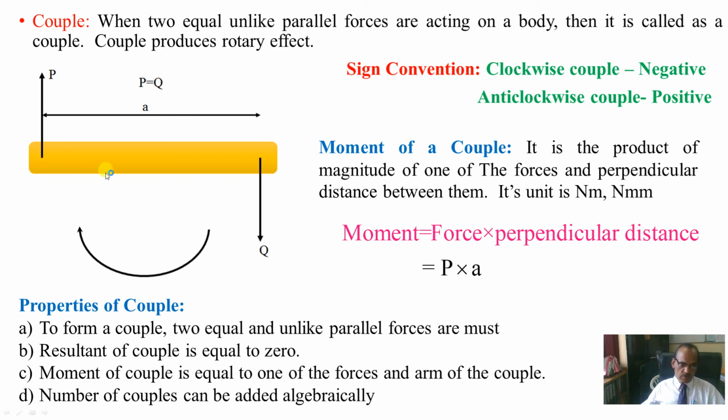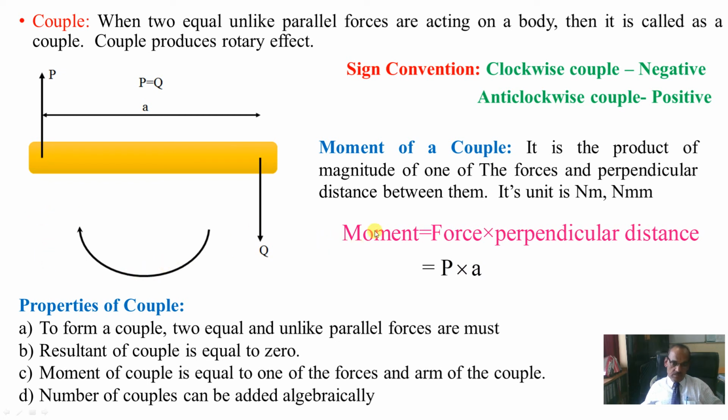So the total moment produced by these forces, you just imagine, if you take your fingers here, and you see P is acting upwards, how it will rotate, clockwise. It will rotate clockwise. P and Q, this will rotate like this, clockwise.